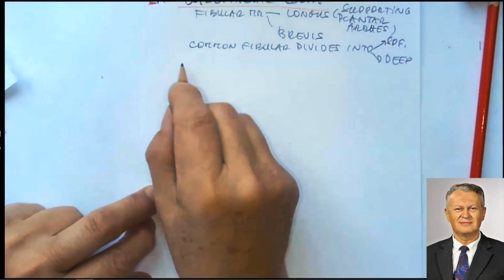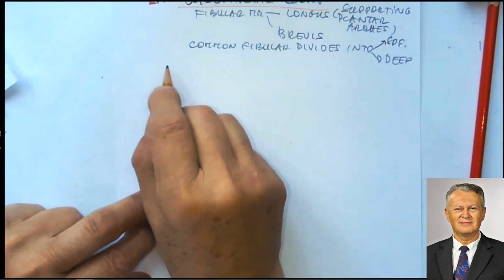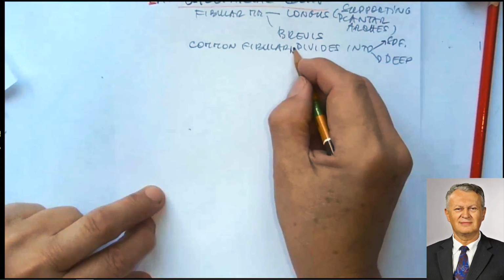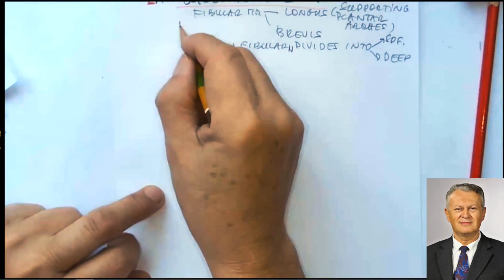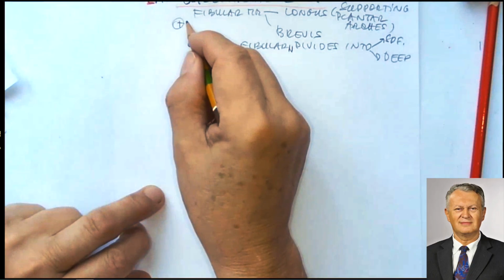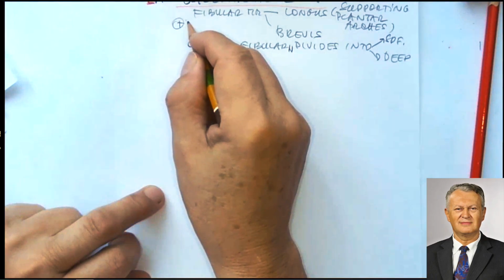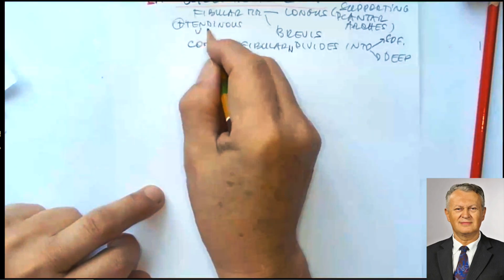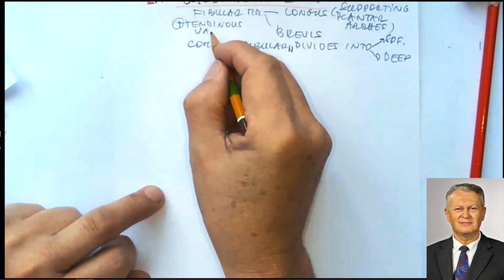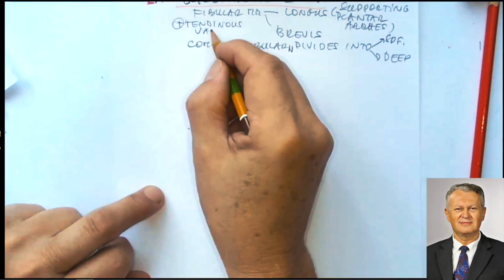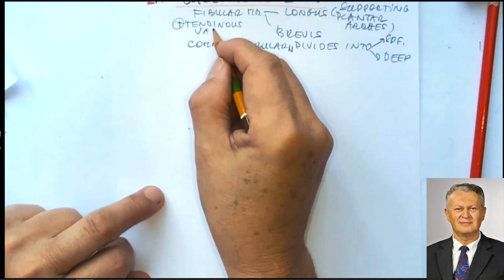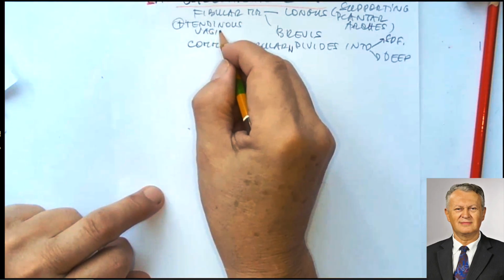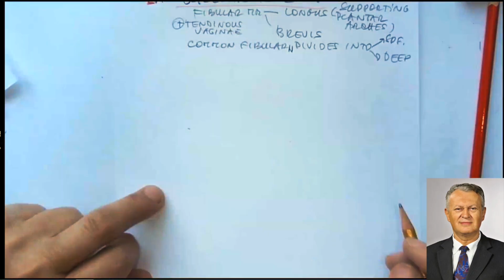The fibular nerve, and fibular muscles plus tendinous vaginae, tendon sheaths.